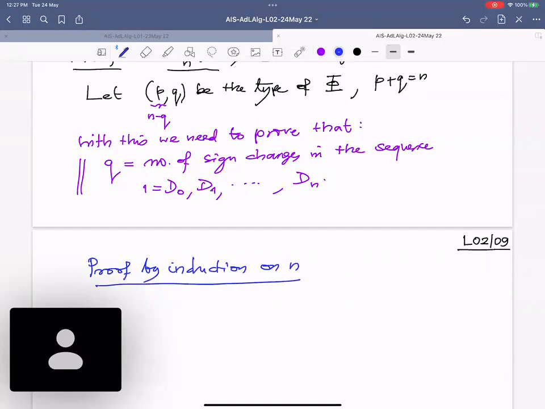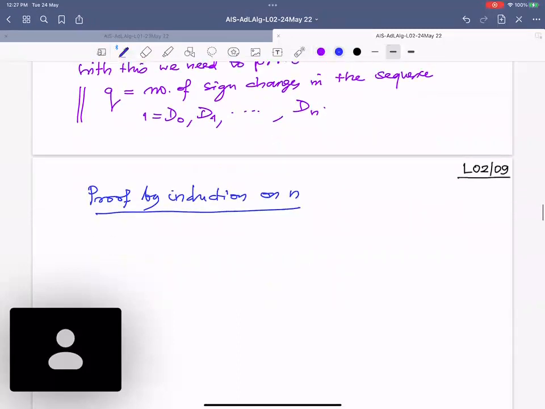So induction should start somewhere. And where does it start? Start n equal to 0. I would like to start induction at n equal to 0. It's trivial for n equal to 0. But some of you, if you have difficulty, why?